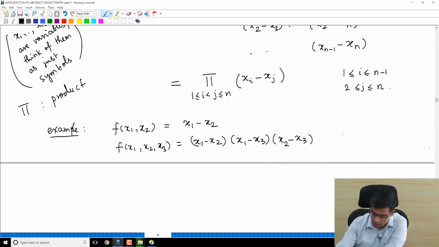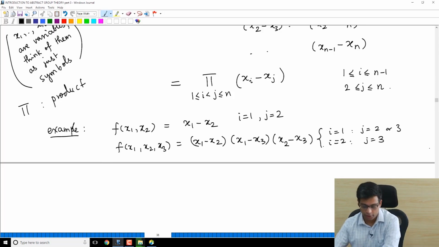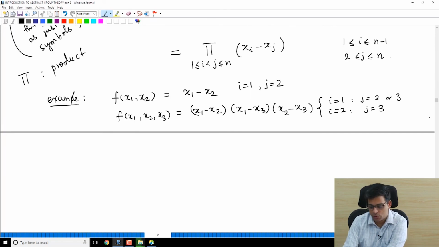No. Here you have i equal to 1, j equal to 2 as the only possibility in the earlier case. In this case, i equal to 1 gives j equal to 2 or 3, and i equal to 2 gives j equal to 3. These are the three possibilities, so there will be three terms in the product: x1 minus x2 times x1 minus x3 times x2 minus x3.